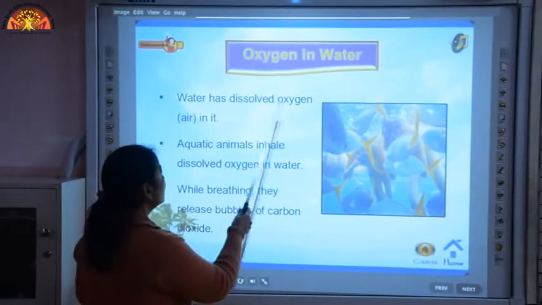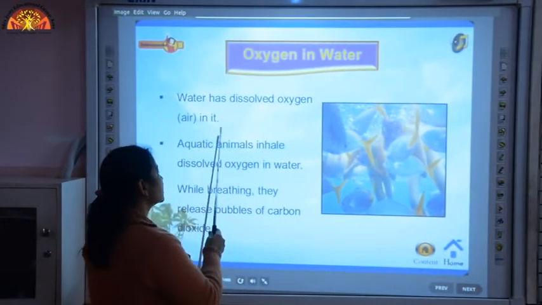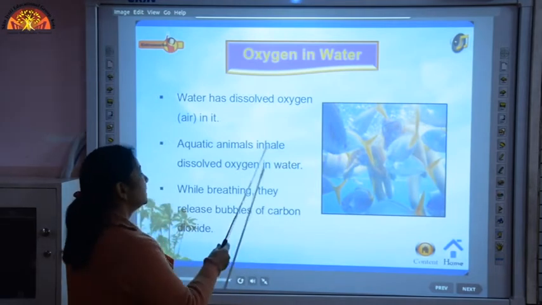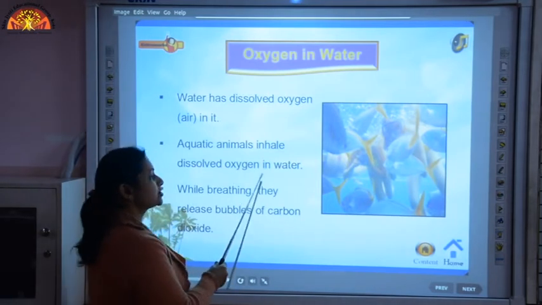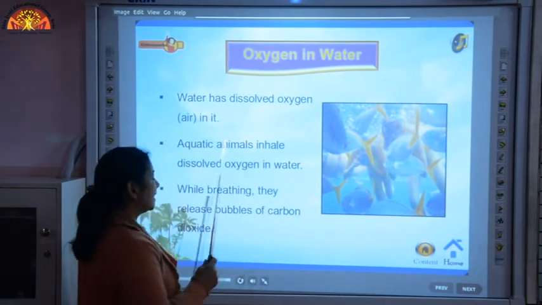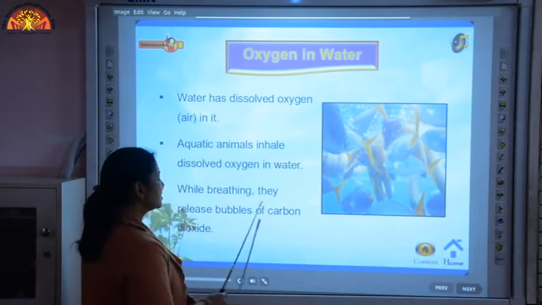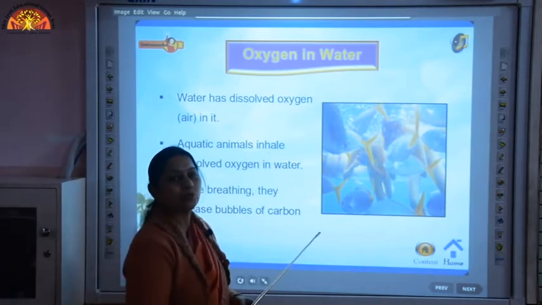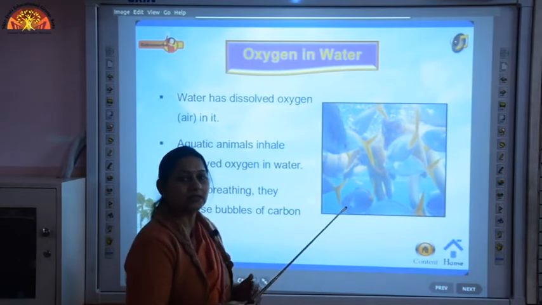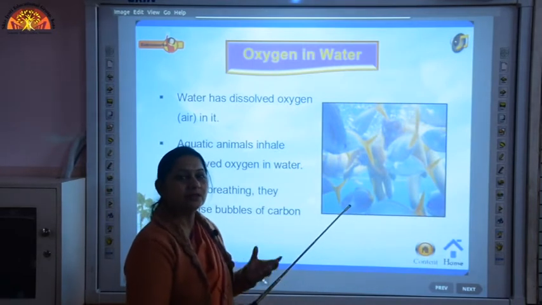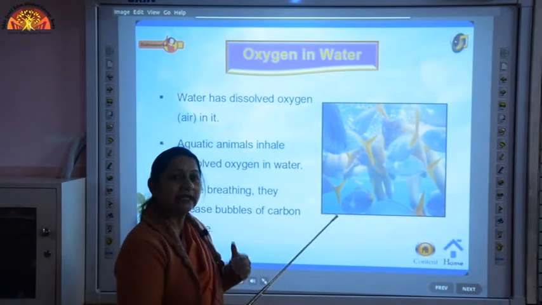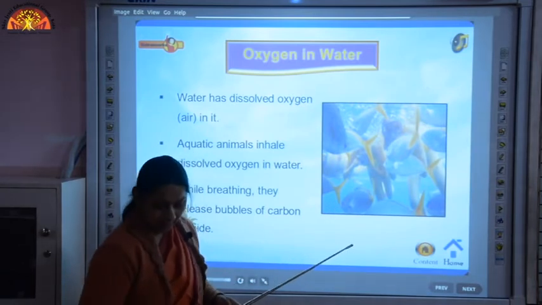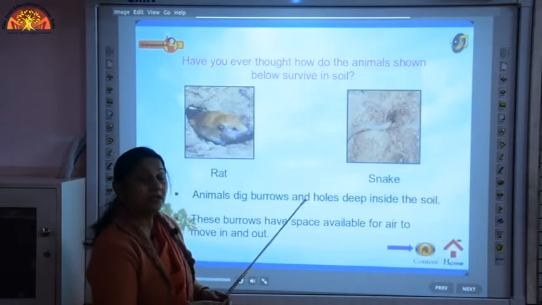Water has dissolved oxygen in it, and the aquatic animals, the fish which live in water, inhale dissolved oxygen in water. While breathing, they release bubbles of carbon dioxide. You must have seen aquatic animals, when they are moving in water, they give out bubbles. These bubbles are when they exhale carbon dioxide.